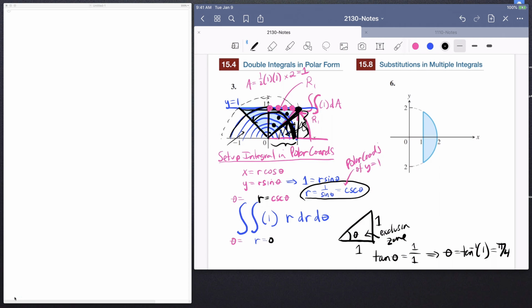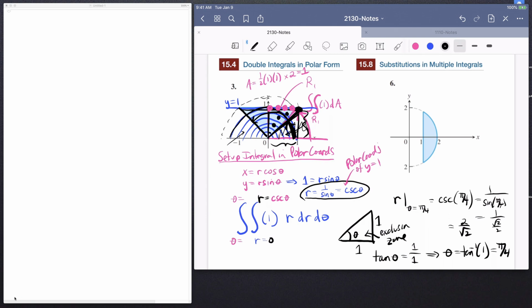When theta is equal to pi over 4, the radius is equal to the cosecant of pi over 4, which is 1 over the sine of pi over 4. That gives 1 over square root of 2 over 2, which is equal to 2 over square root of 2.